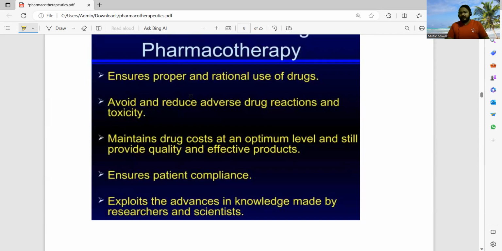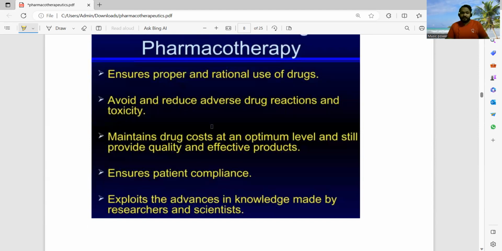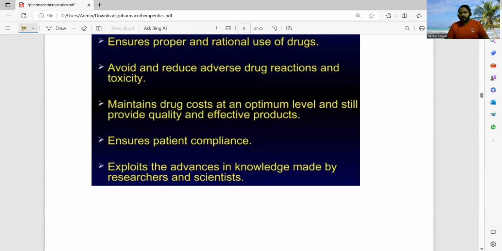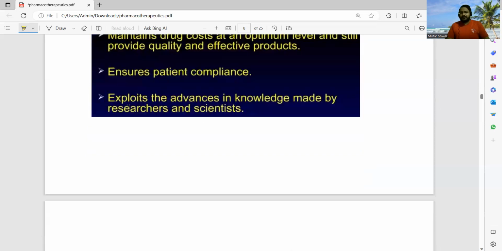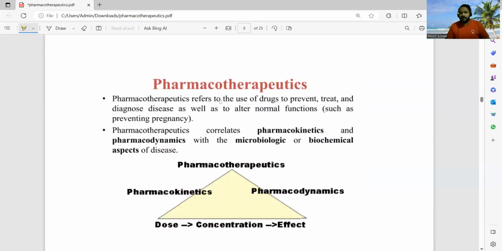It ensures the proper and rational use of drugs, reduces adverse drug reactions and toxicity of the drugs, maintains the drug cost at an optimal level, and still provides quality and effective products to the patients. And it ensures patient compliance and exploits the advances in knowledge made by researchers and scientists.